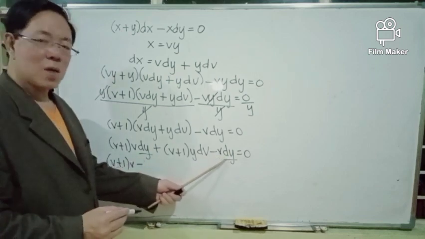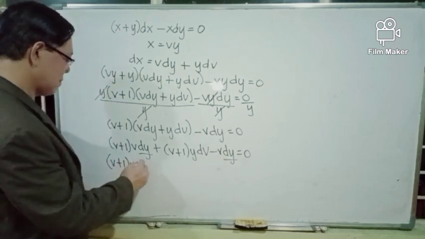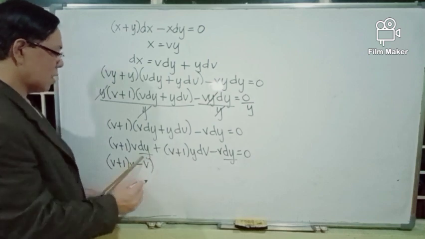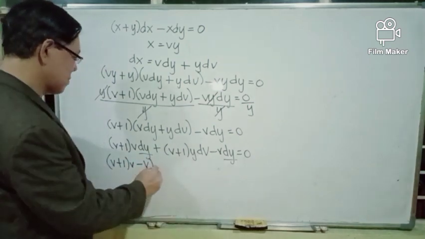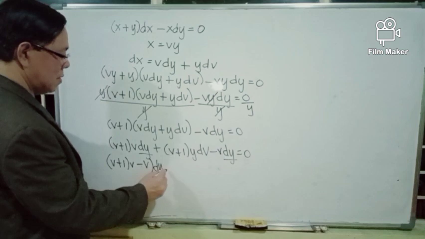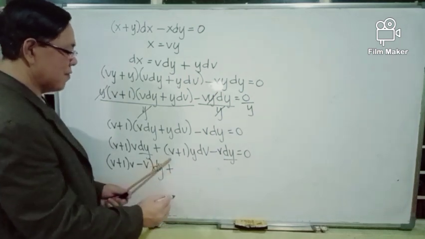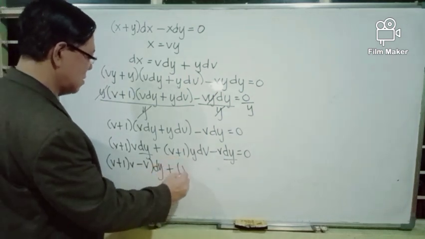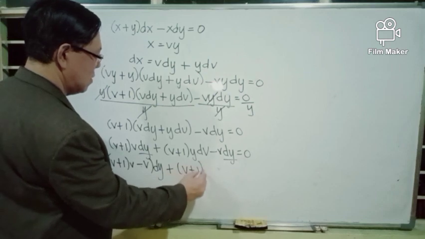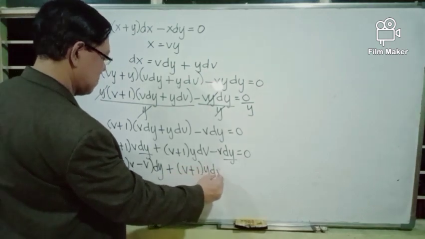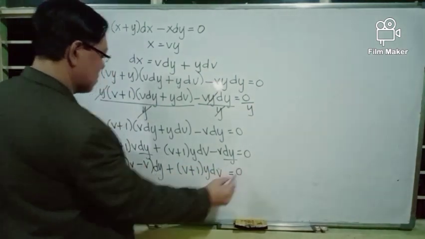We factor out dy, we get minus v times the common factor dy, plus v plus 1 y dv equals 0.